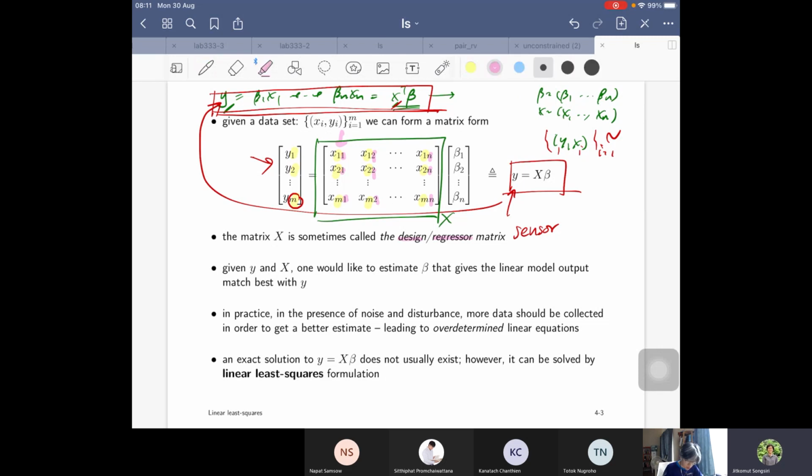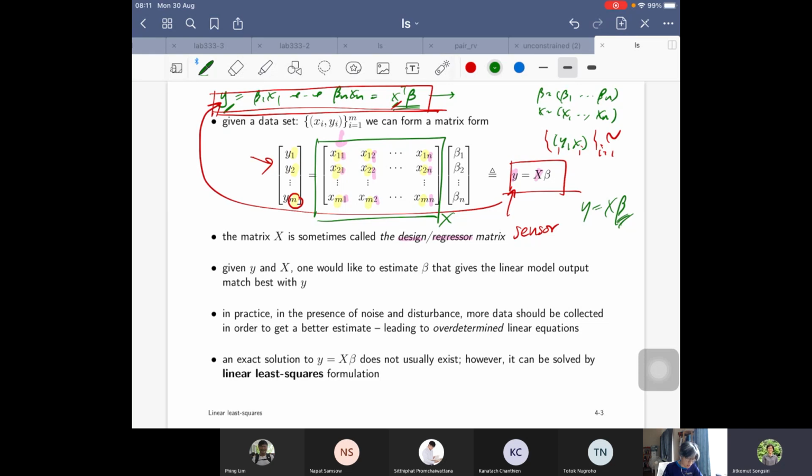So the problem setting is the following. You are given the vector y and the matrix big X, and of course you want to solve this equation for beta.